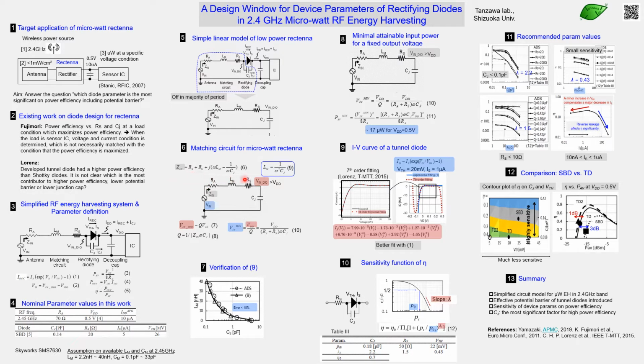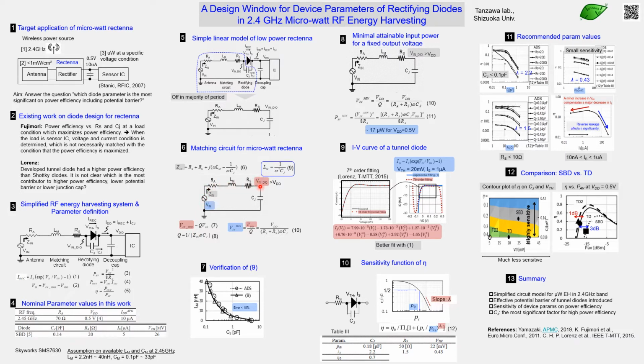Then this equation can be held. Z in is given by the sum of these impedances, because here is a simple impedance chain.